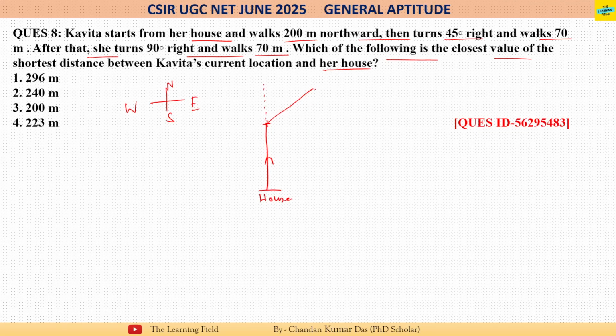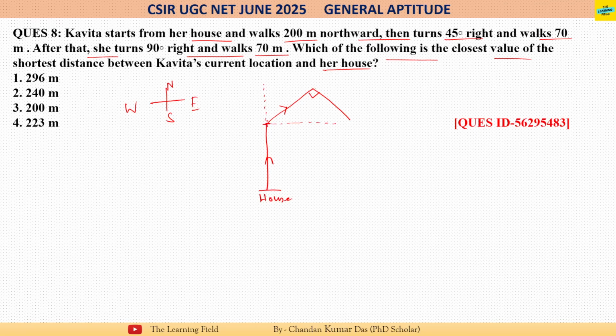And now again from here she takes a 90-degree right turn. Now she is here. So this is 70, and this is also 70. Suppose this is the 90-degree angle. So 70 and 70.